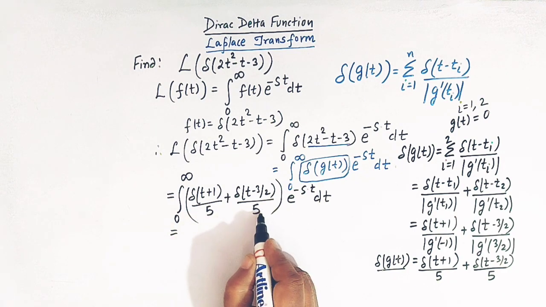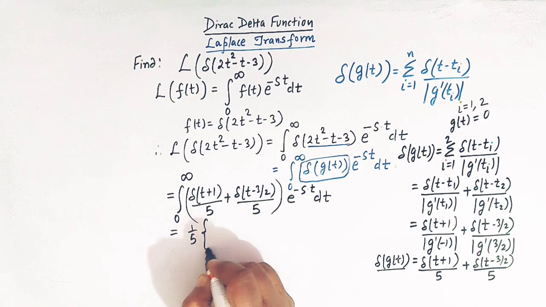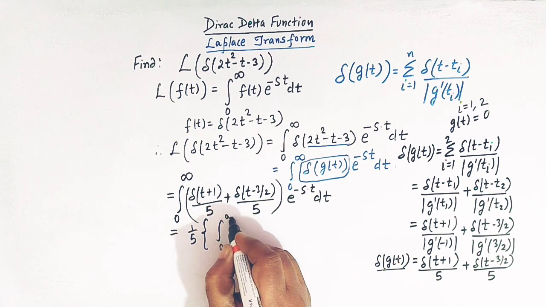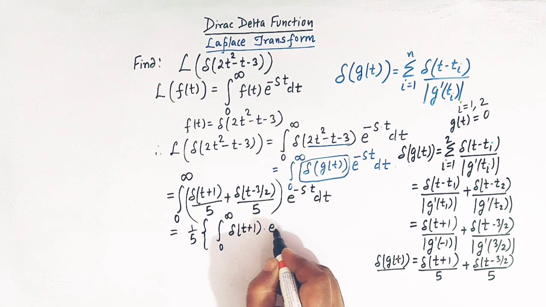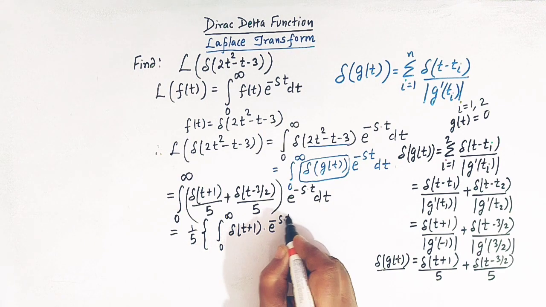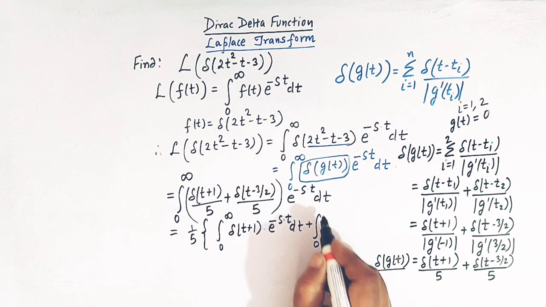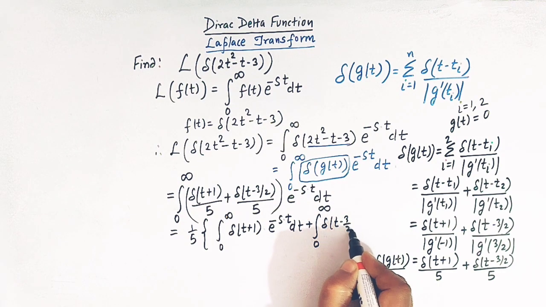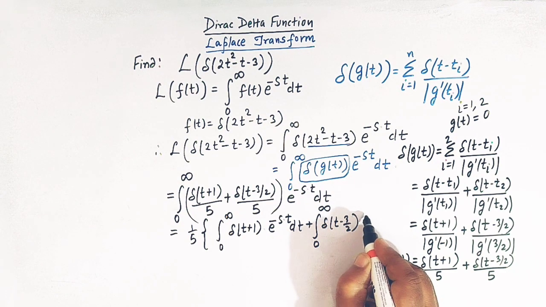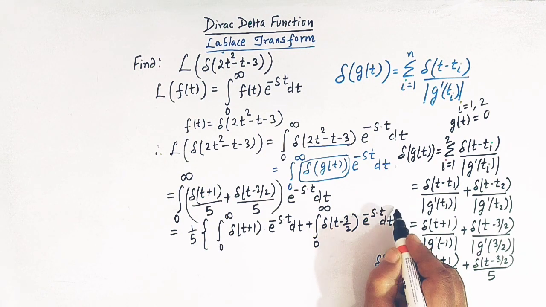So let us take 1 over 5 common. We have 1 over 5, and then the integral from 0 to infinity of delta of t plus 1 times e raised to minus s t dt, and then the second integral from 0 to infinity of delta of t minus 3 by 2 times e raised to minus s t dt, right?